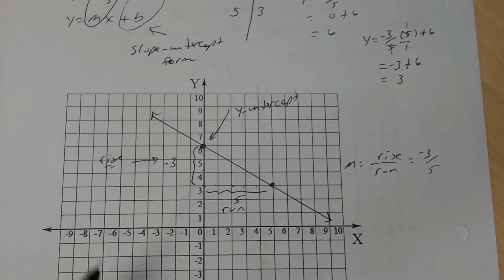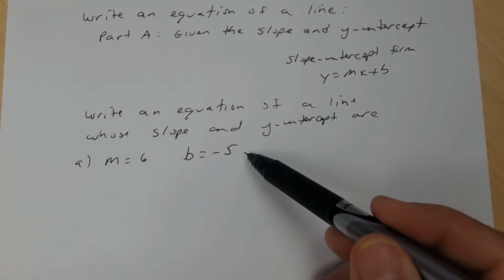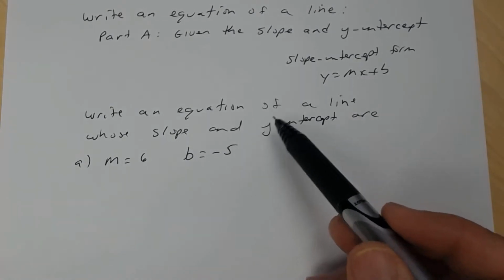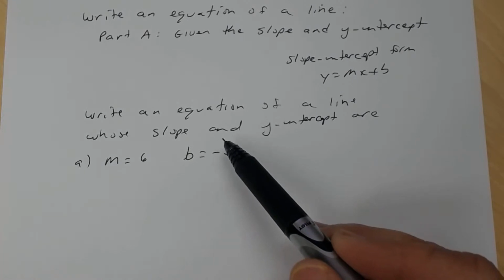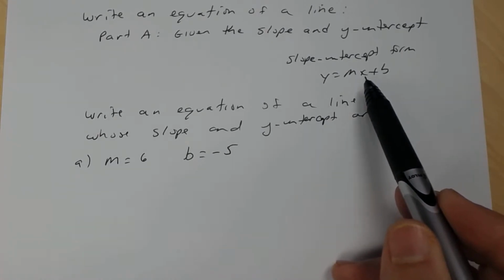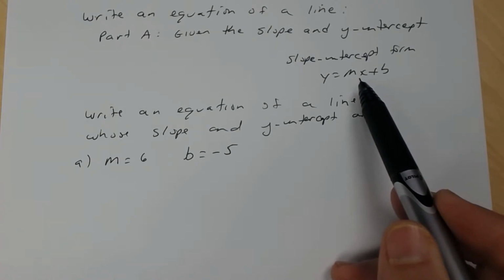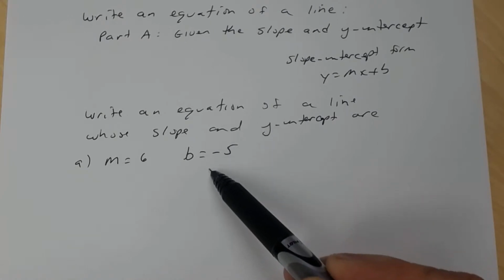You could graph that line if you wanted to, but it is much more efficient to use the fact that if the slope and y-intercept are given, then I can just use slope-intercept form, because m is 6 and b is -5.